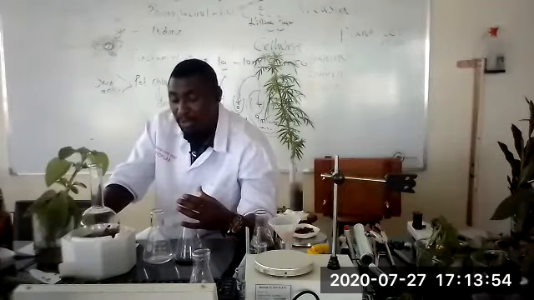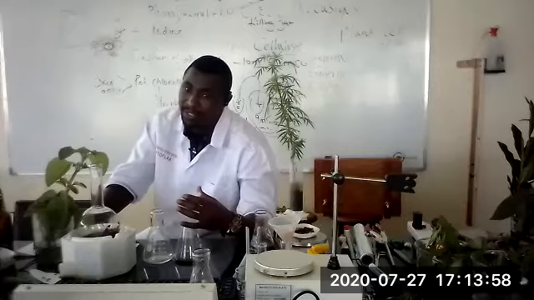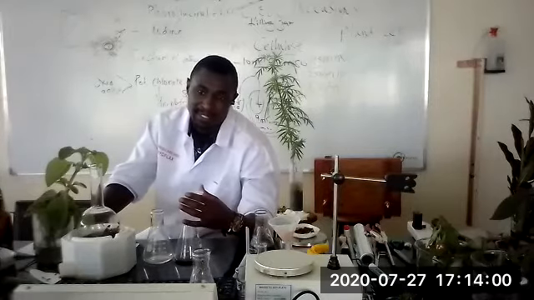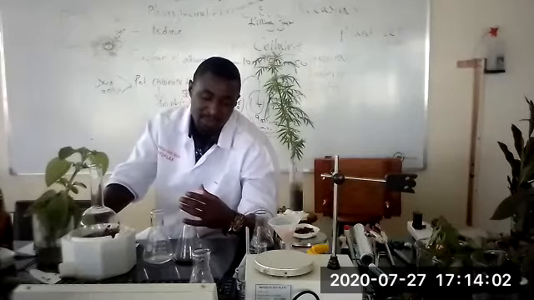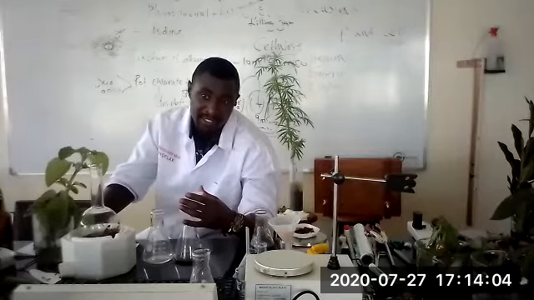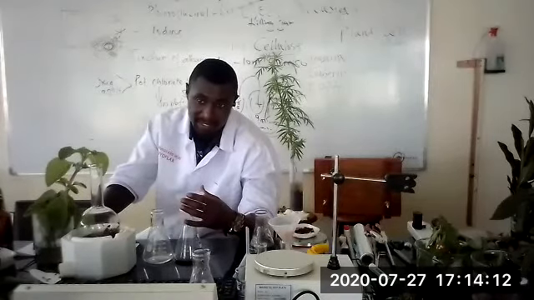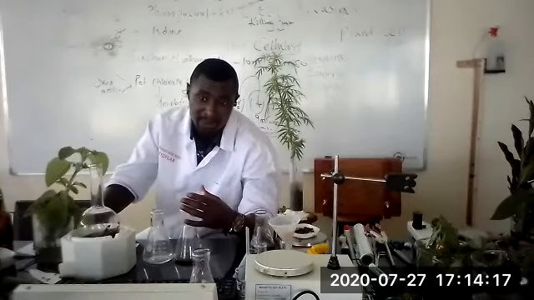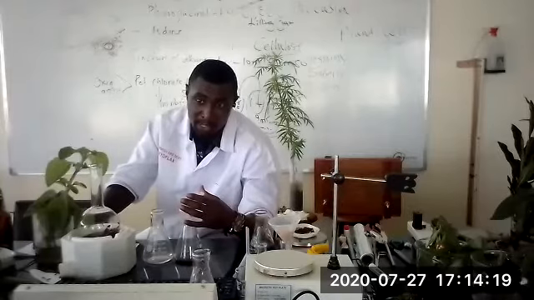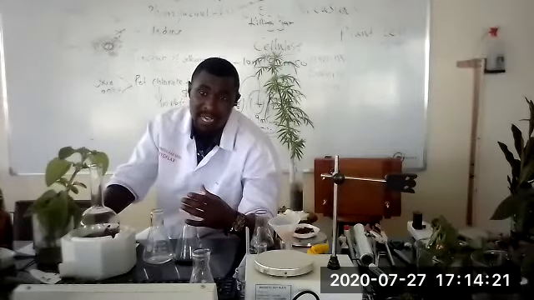So we are going to evaporate out the solvent which was used in the extraction process. This methanol, we are going to recover it, but we are going to remain with only concentrated plant extract. And how do we carry out evaporation to remove this alcohol or methanol?